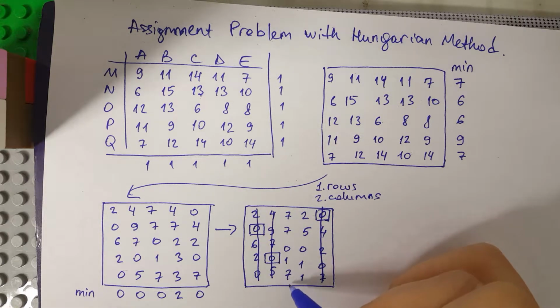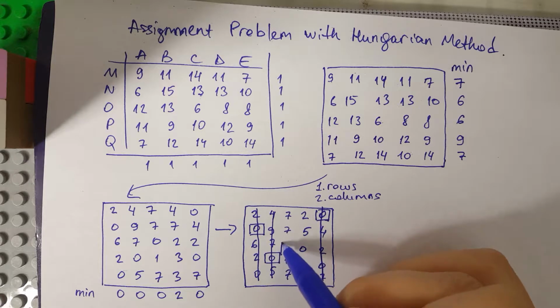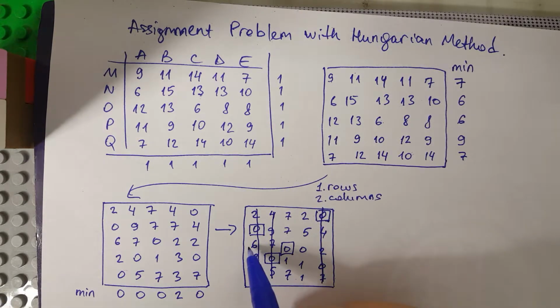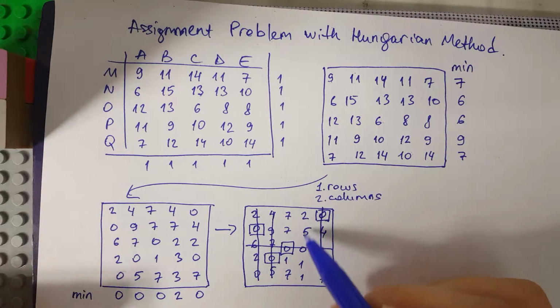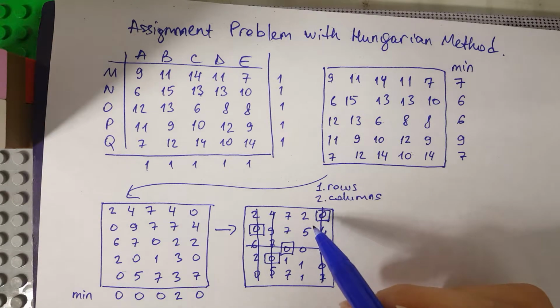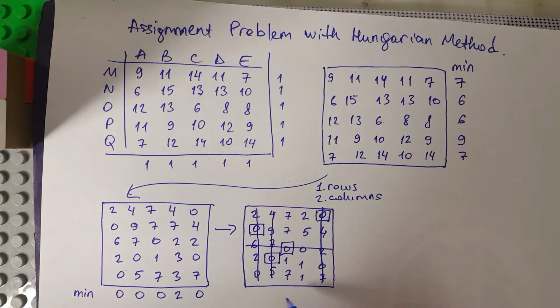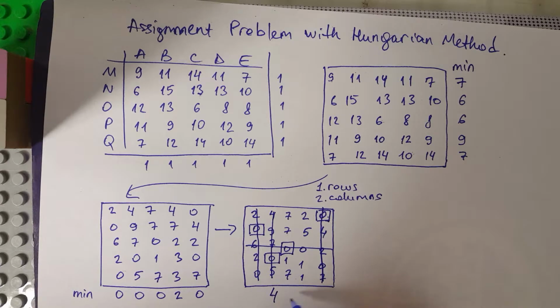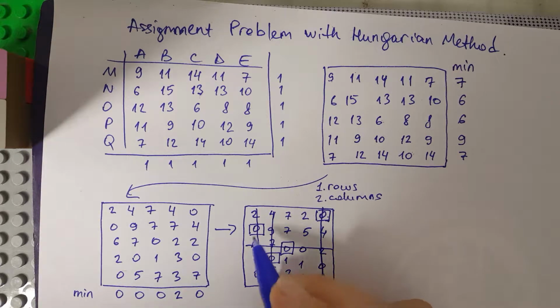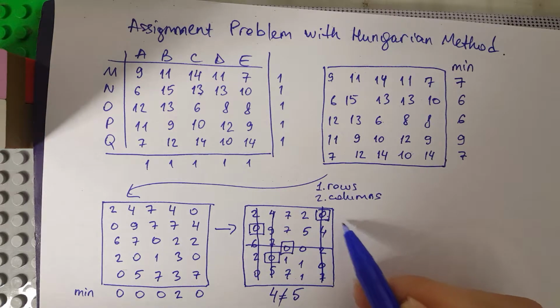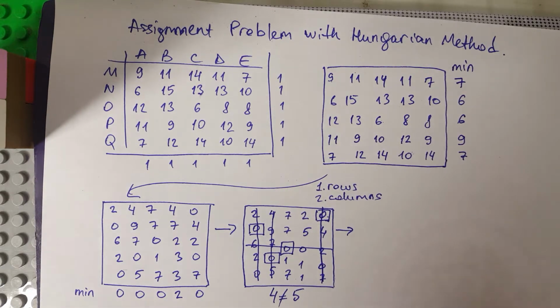Scan this column, we have just one 0. Scanning the column, we will cross out the row, so we don't have any zeros left. The total number of squares is 4, but the size of the matrix is 5. They are not equal, so we will continue our iteration.